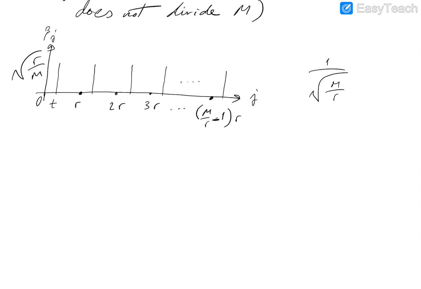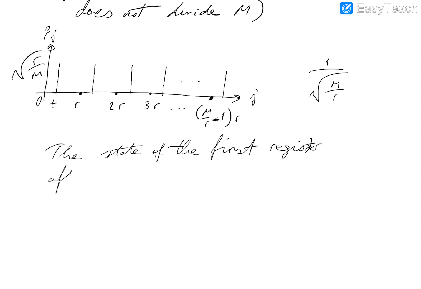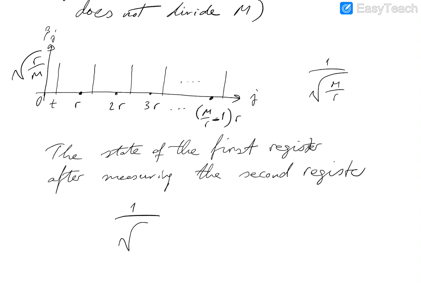It will be 1 over square root of M over r, which is simply equal to square root of r over M, summation j from 0 to M over r minus 1.